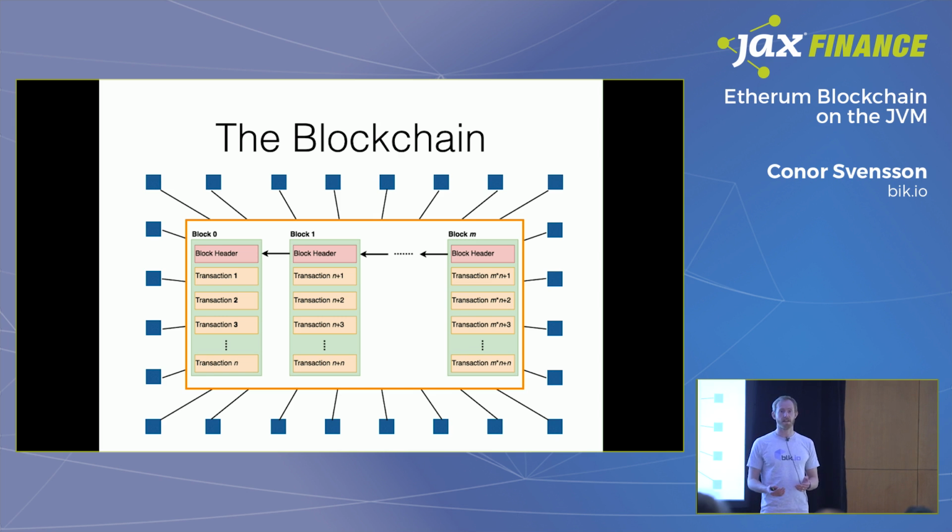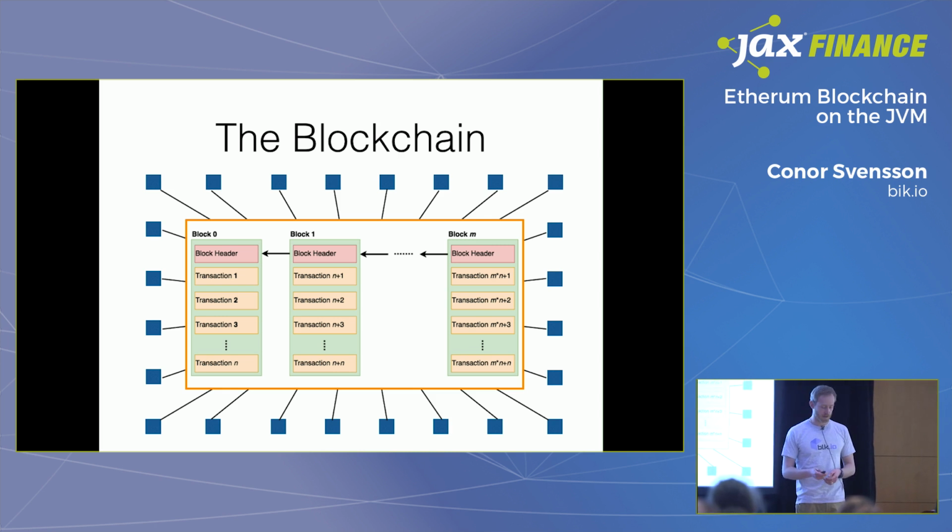Each entry on this list is called a block, and within a block you have transactions. Each block points to the previous block, so that you can work your way back up the blockchain to easily iterate over its history.